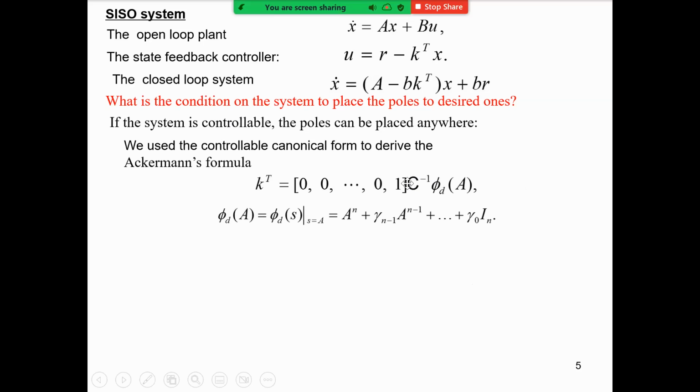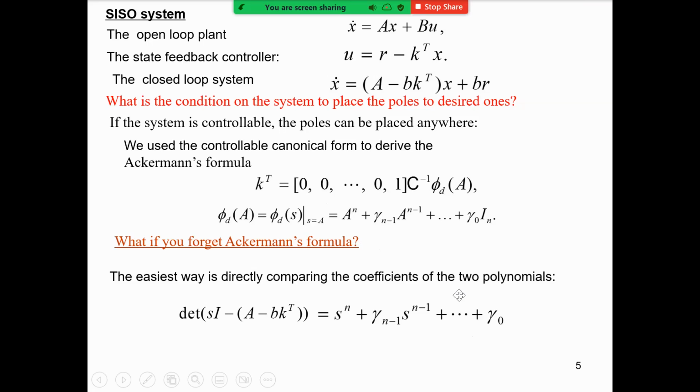This is the controllability matrix, this is a vector, but here the meaning of phi d of s is the desired characteristic polynomial, right? Just put s equals A, you compute this phi d of A. That will be our matrix. What if you forget? Of course, you have the help sheet, right? You are not going to forget. But anyway, this is one way to solve the pole placement problem.